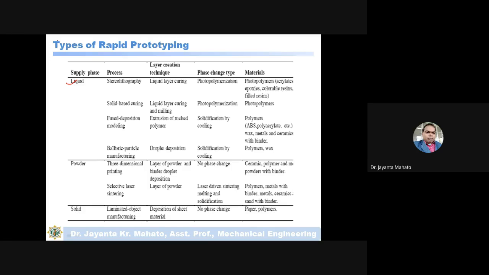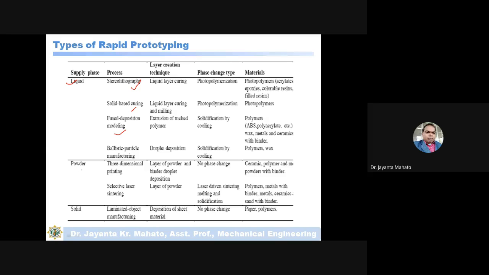So in this case, processes like stereolithography, solid ground curing, or fused deposition modeling can be involved in case of liquid material.